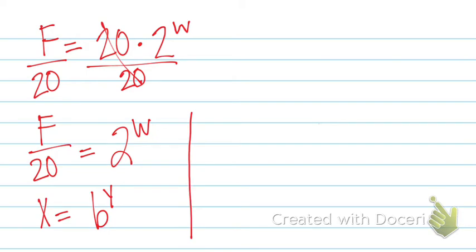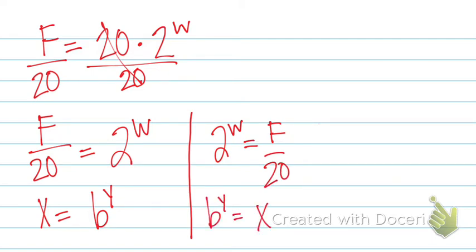Same thing as me saying 2 to the W equals f over 20 if you would rather write it as b to the y equals x. Okay? All it did is flip the sides. They're the same thing. Alright, so now we take that exponential and we solve for y equals log base b of x to get w by itself.